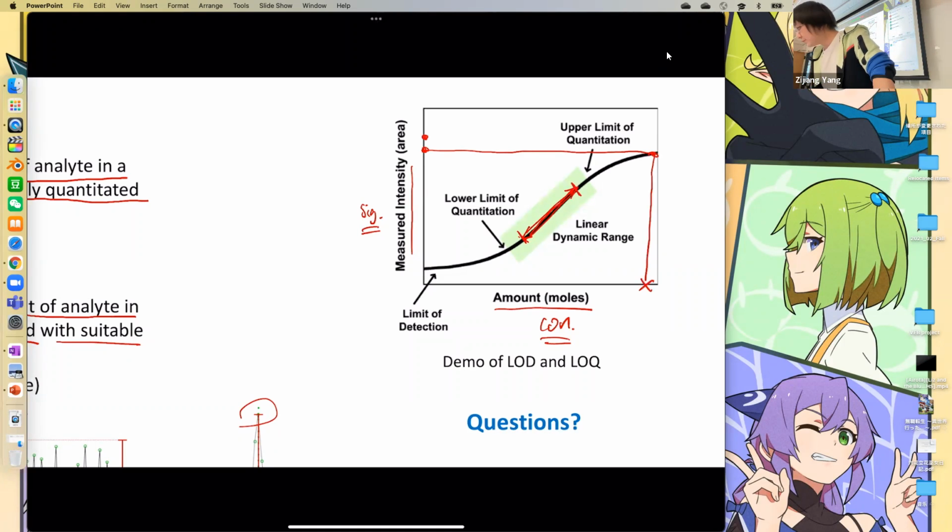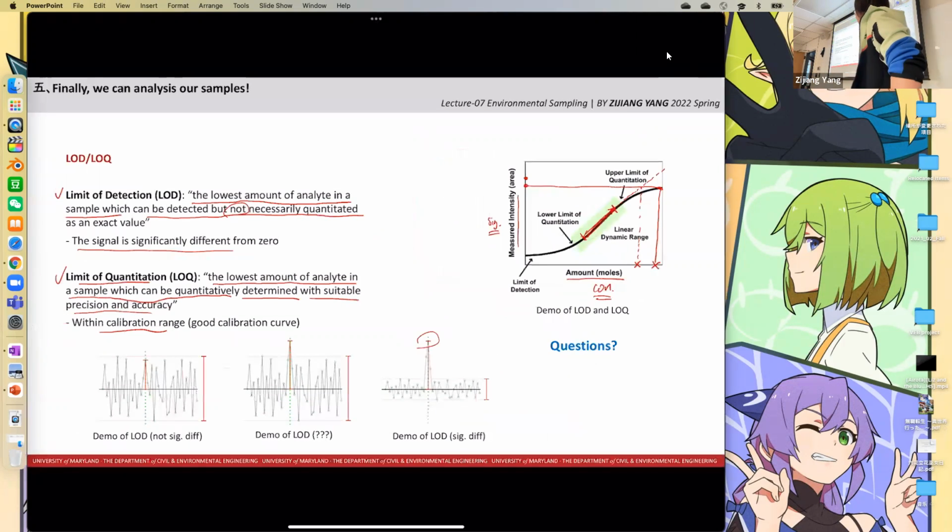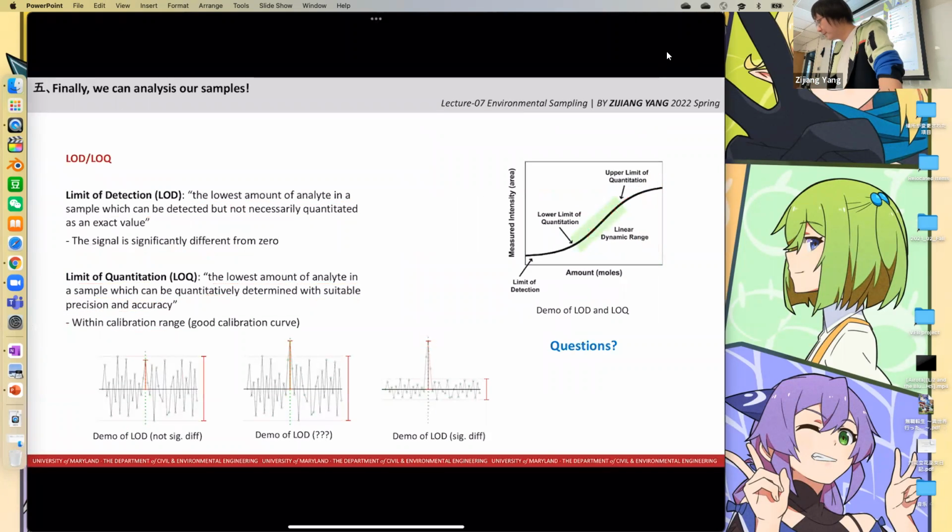But if we extrapolate our calibration curve, because in this range it is not linear anymore, we may overestimate the concentration of our sample. In other words, we do not know the concentration of the sample when the signal is out of the range of our calibration curve. So in this case, we cannot determine the concentration.